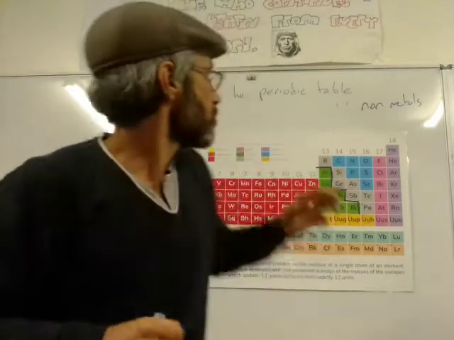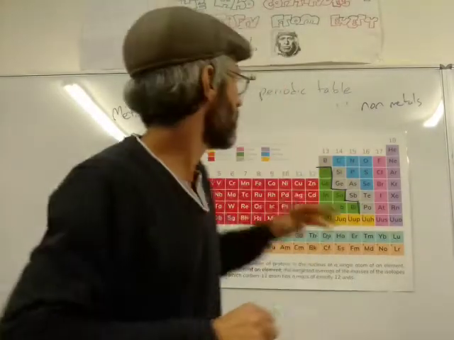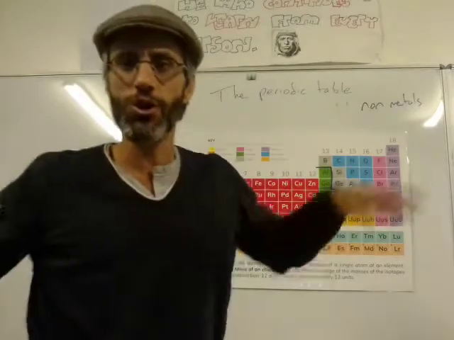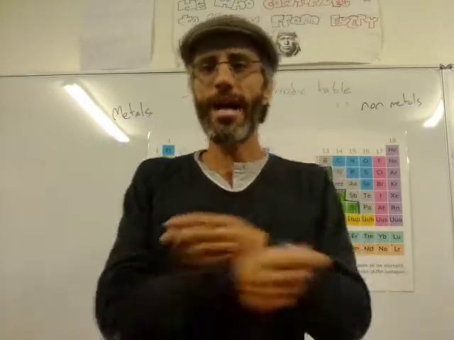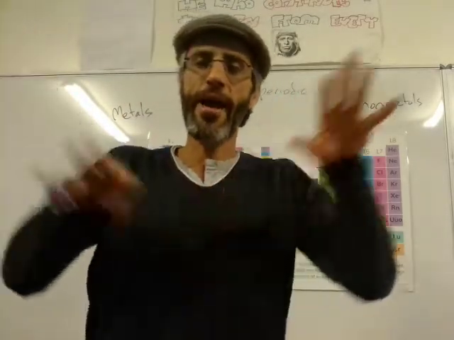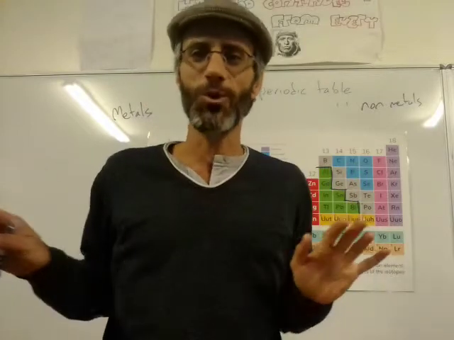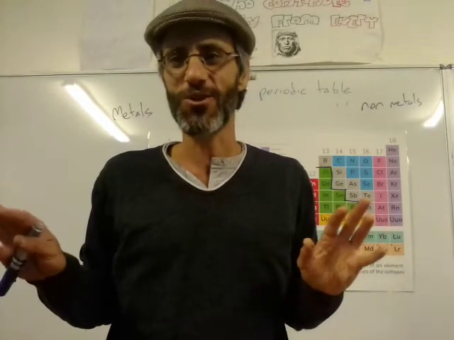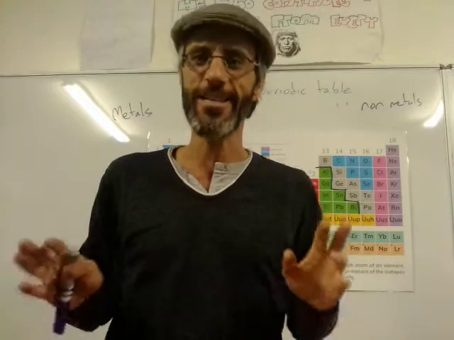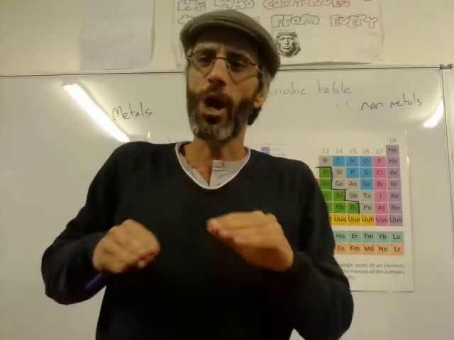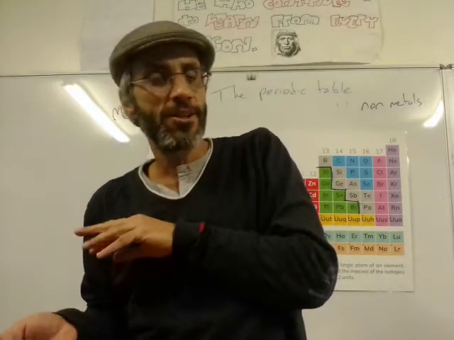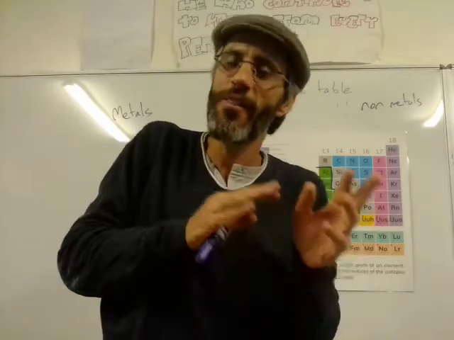What about non-metals? Non-metals like nitrogen, oxygen, fluorine, chlorine, iodine. All of them don't conduct electricity. You can't use them to pass electricity, and they don't conduct heat as well. Some of them are gases, some of them are liquid, and there are a few solids.